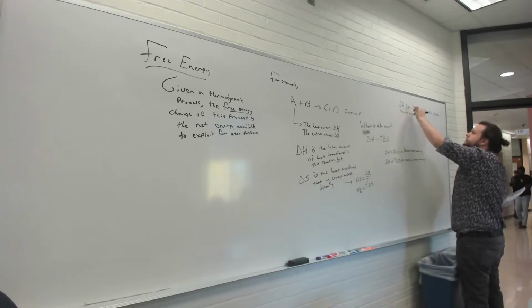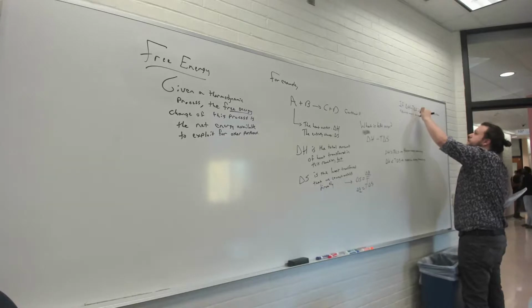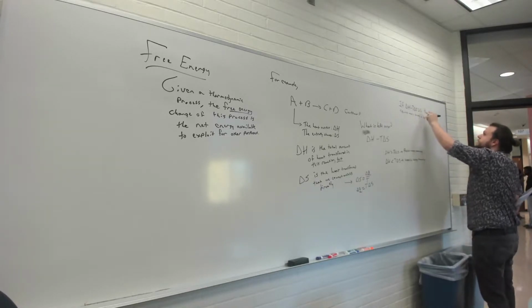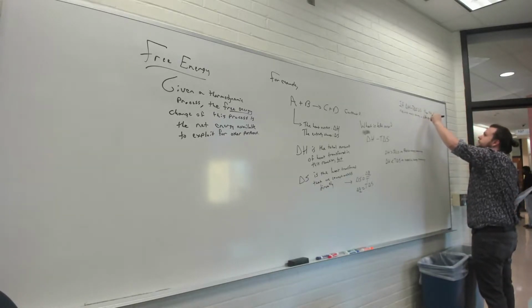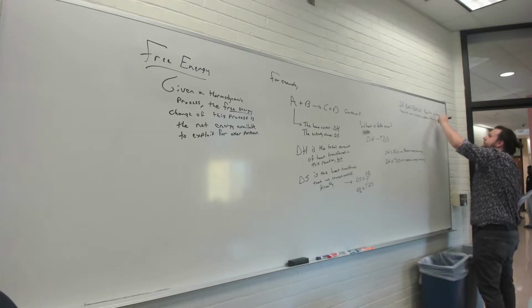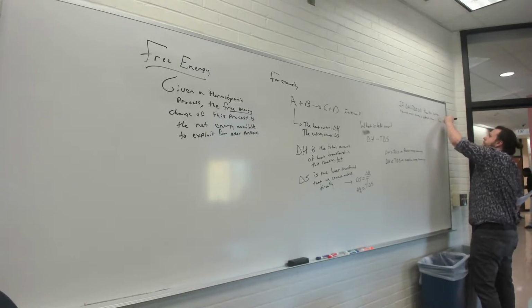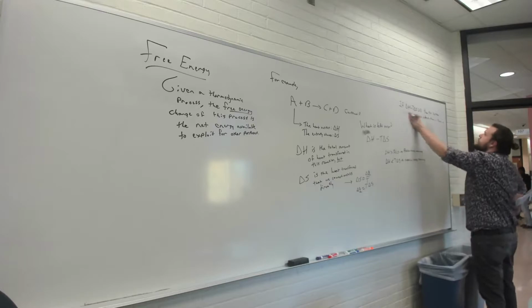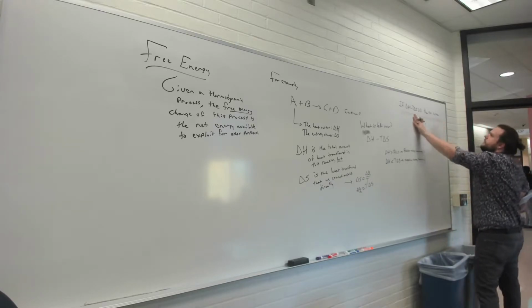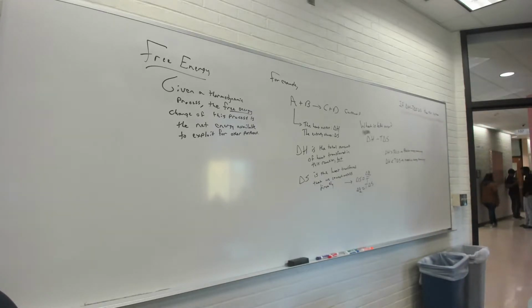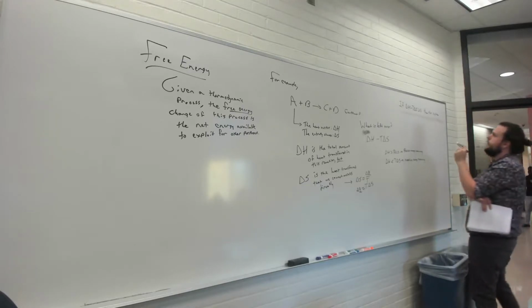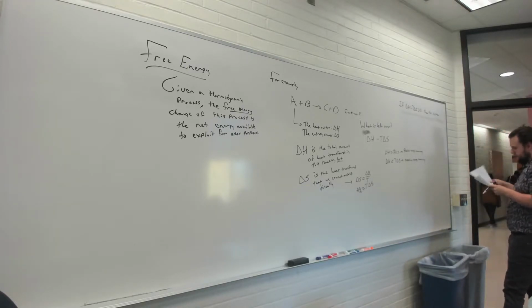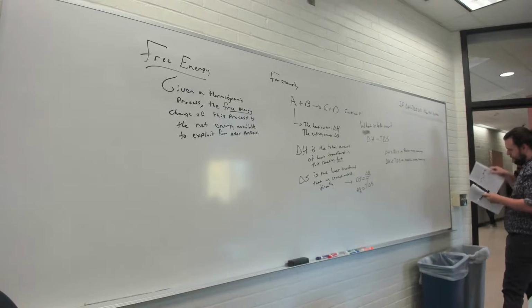Requires more energy in entropy than is given in heat. Is that right? No, sorry, that's incorrect. I have it flipped again. So if H minus T delta S is greater than 0, then the system, let me think about the way I want to write this. I want to get my wording right.